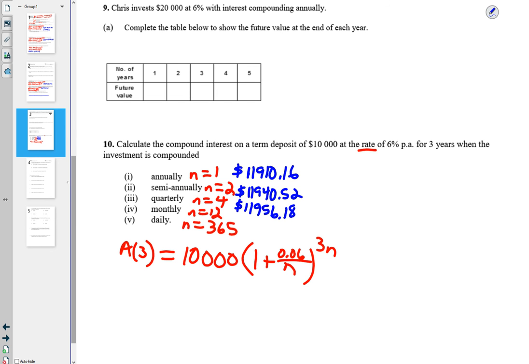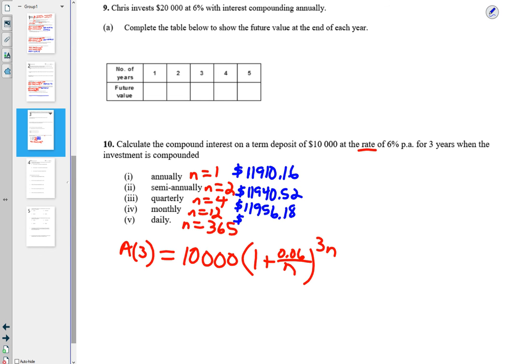For monthly, yeah, I'm dividing by each different number.